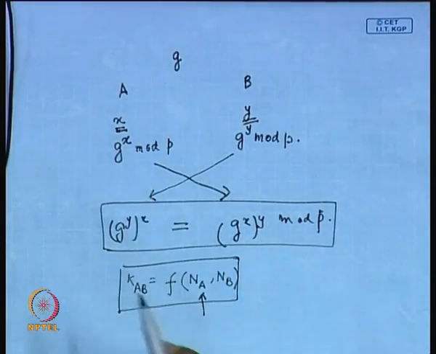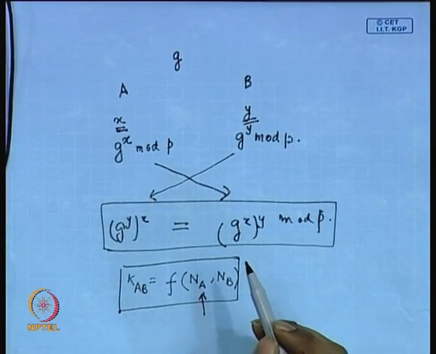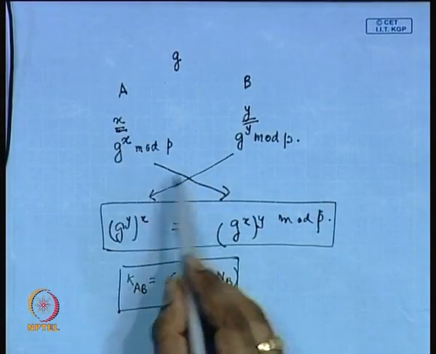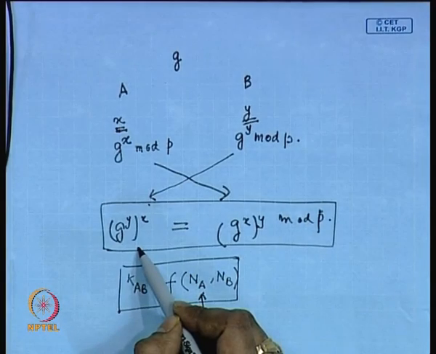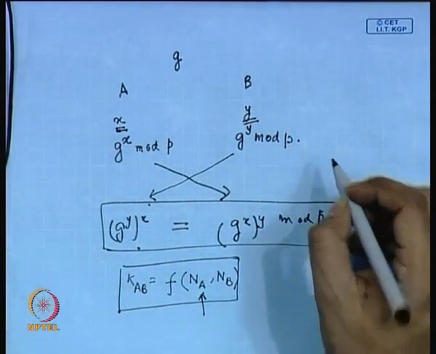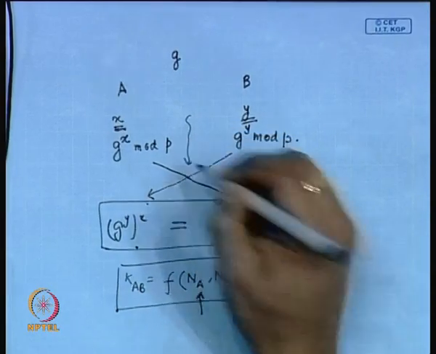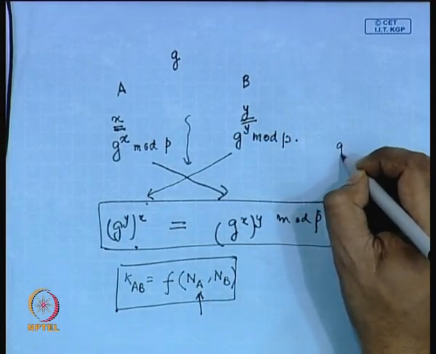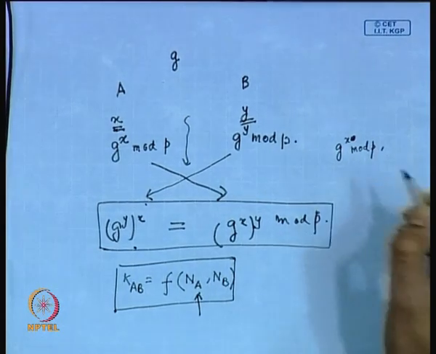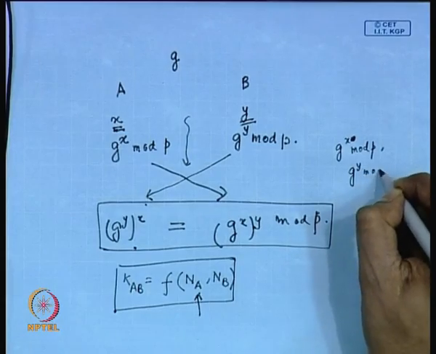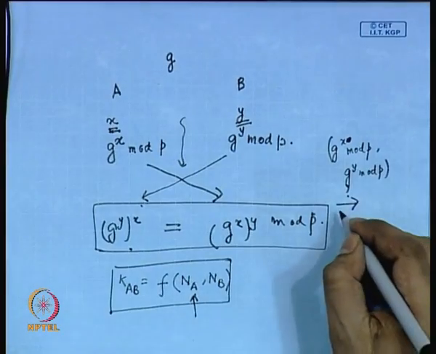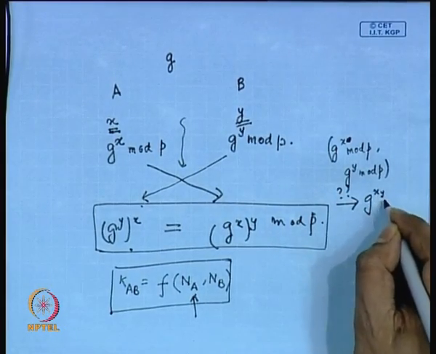For example, if you know the value of x and you know the value of g^y, then immediately you can calculate g^(xy). But from a cryptanalytic point of view, if there is an eavesdropper who observes this, the eavesdropper obtains g^x mod p and g^y mod p, and is interested in finding some way of computing the value of g^(xy) mod p.